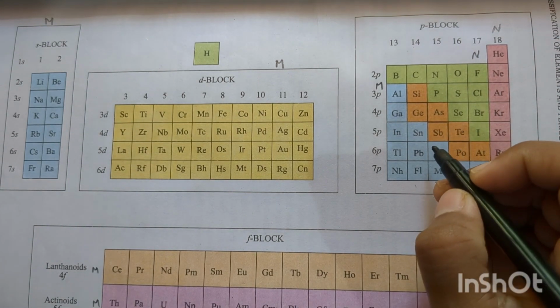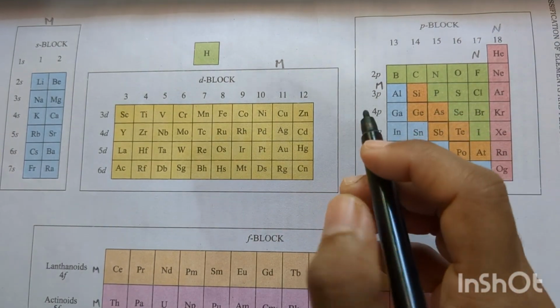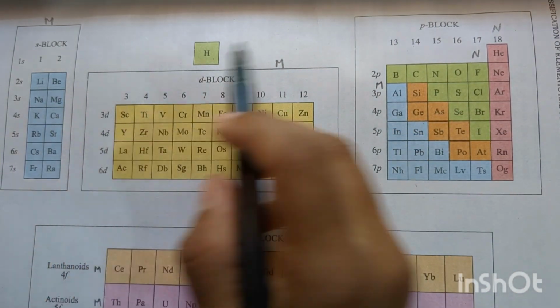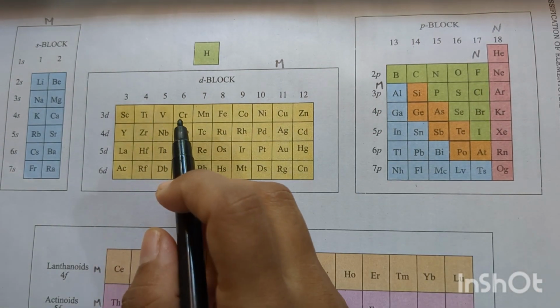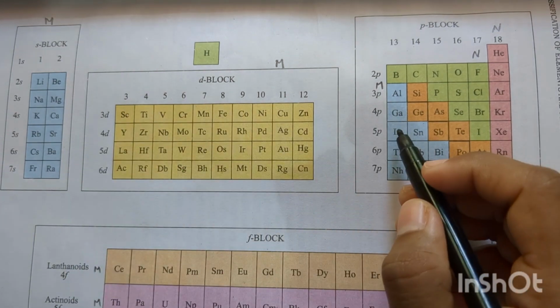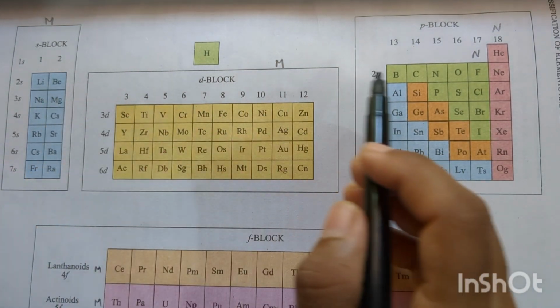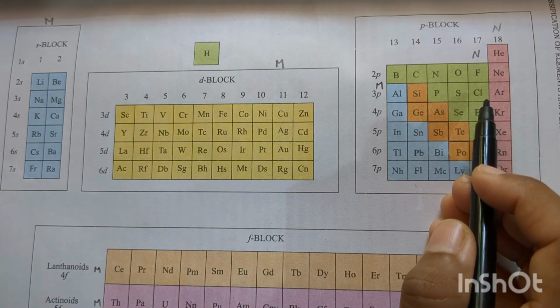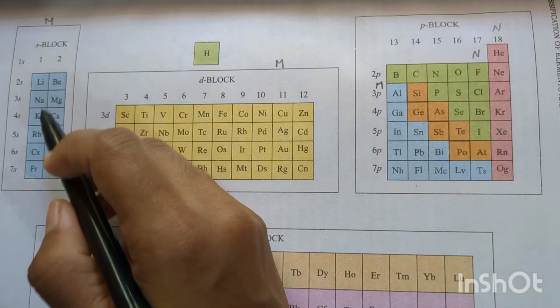In a horizontal row, the properties of elements change from metallic on the left to non-metallic on the right. That is, non-metallic character increases from left to right, and metallic character decreases.